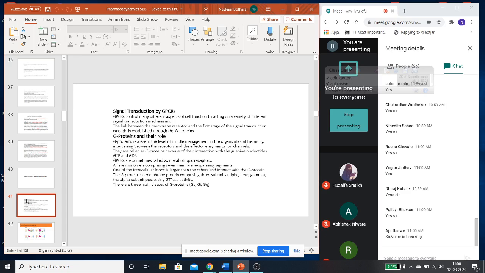Particularly we learn various theories of drug action, and we learn about the definitions, like what is potency and what is efficacy.